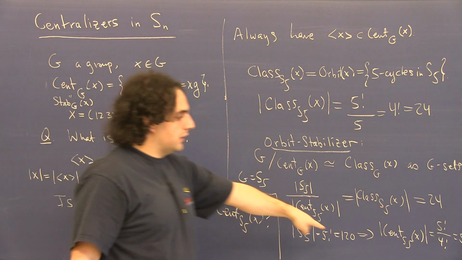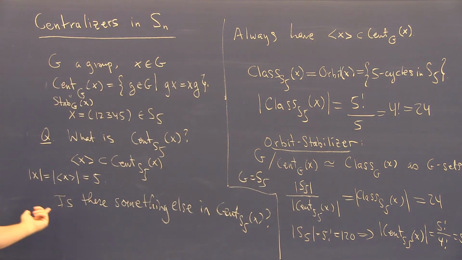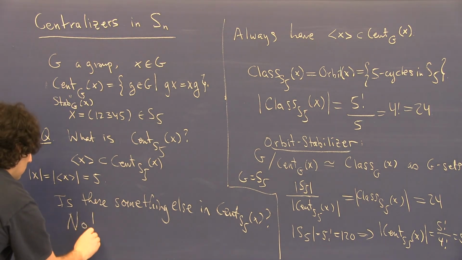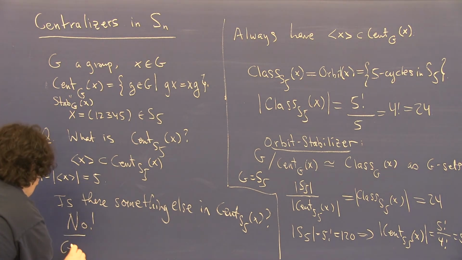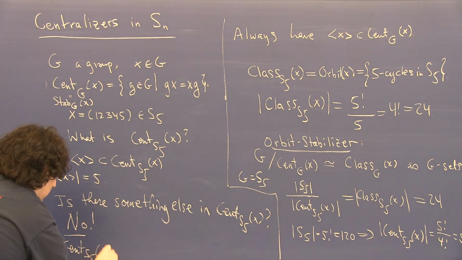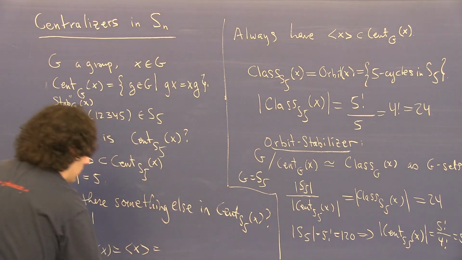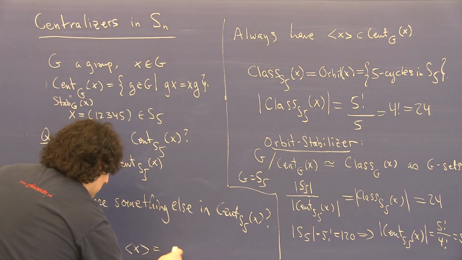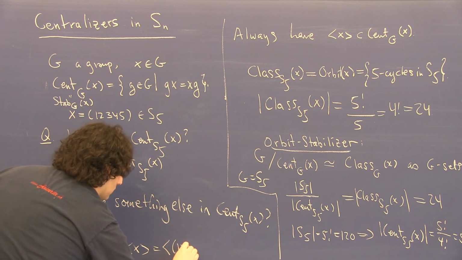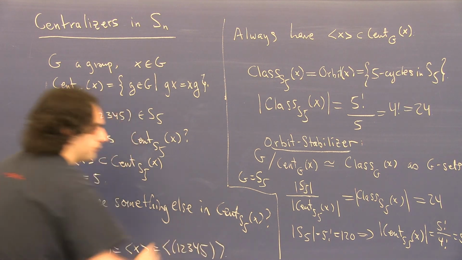So what this is telling us is that there is nothing more. So the answer to this question, is there something else in the centralizer, is no. The centralizer in S5 of x is equal exactly to the subgroup generated by x. That is, it is the subgroup generated by this (1 2 3 4 5).